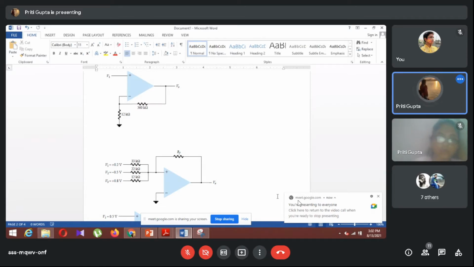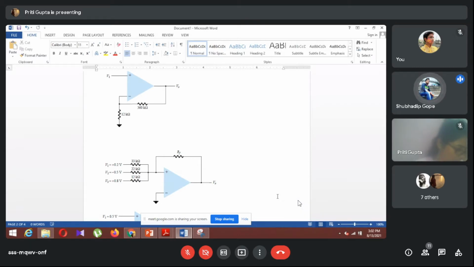Shubhadeep, how? Ma'am, RF equals 330, and V1, R1, some values we put in. 330 into 56.06 into 10 to the power minus 3. Ma'am, I got minus 16.467.